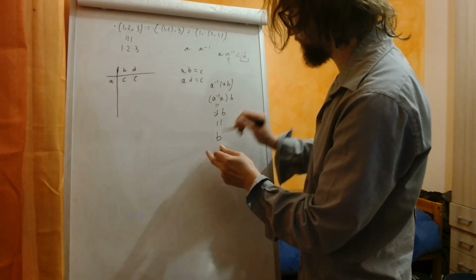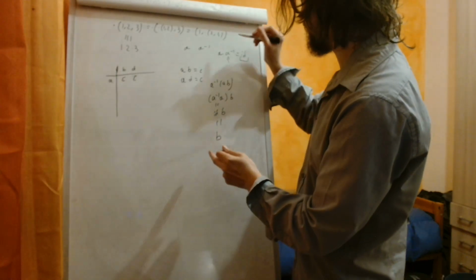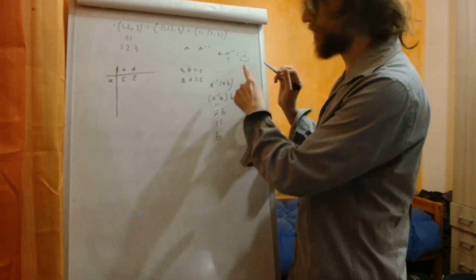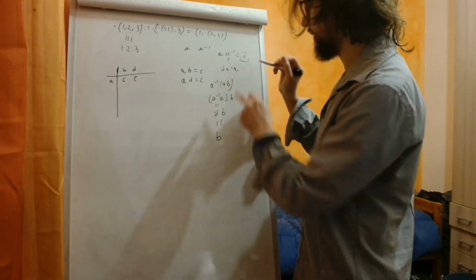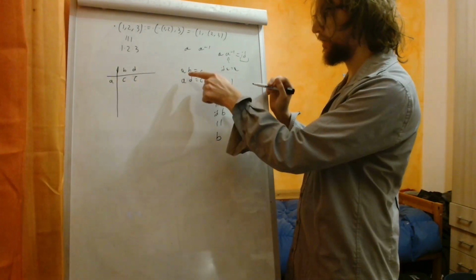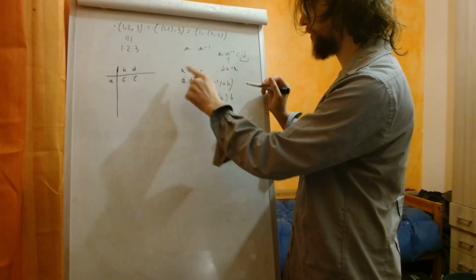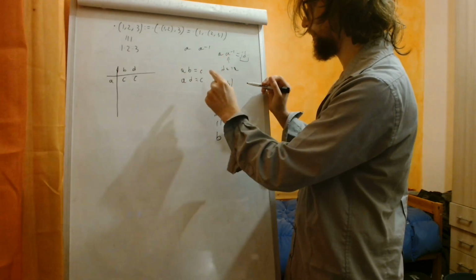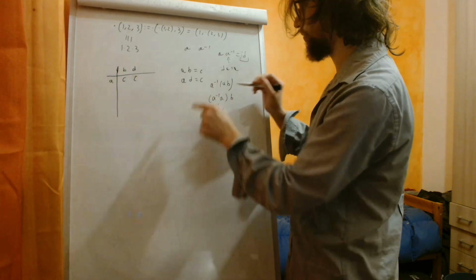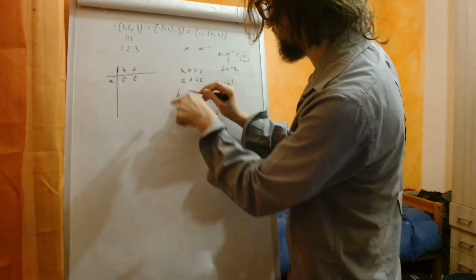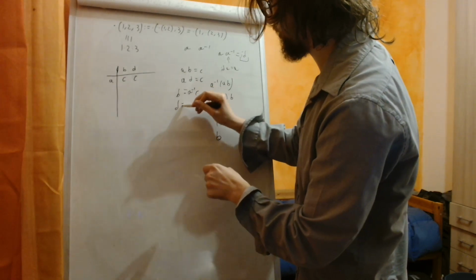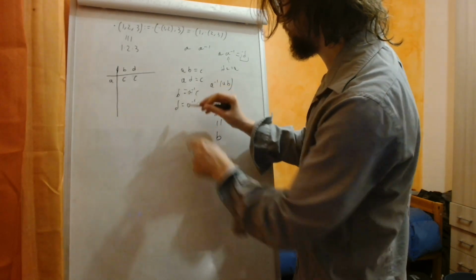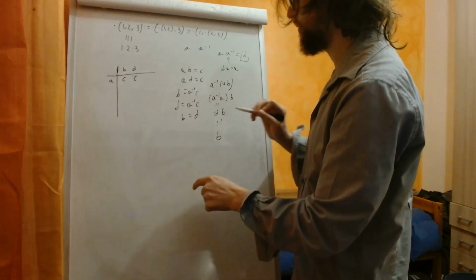So this is B, because you can write the identity property as identity times A equals A for any element A. Then multiplying both the sides by A to the minus 1, you have here B equals A to the minus 1 C, and here D equals A to the minus 1 C. So B and D must be equal.